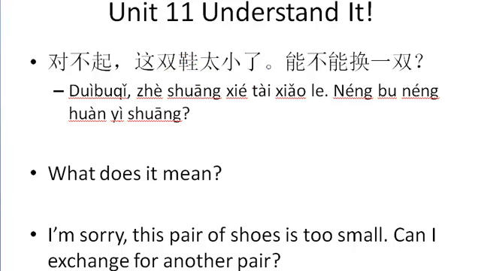Can I exchange for another pair? 能不能换一双? Okay, you'll notice that there's really no direct translation here for another. So the direct translation here is, can I or can I not exchange a pair? 能不能换一双?